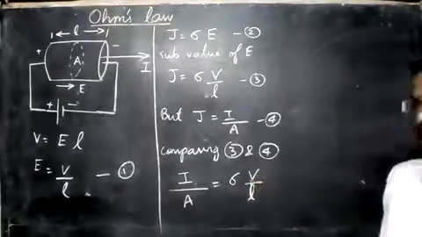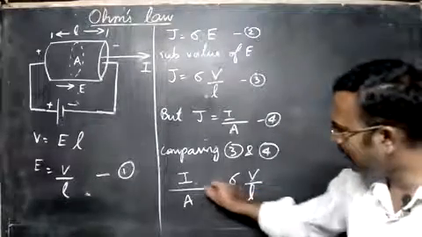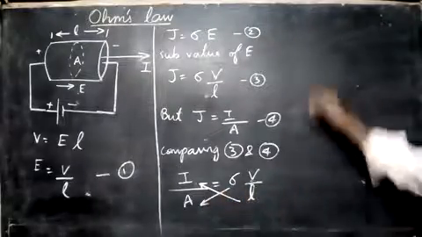Now we must find what V is. Cross multiply, L goes upwards and bring this sigma down.